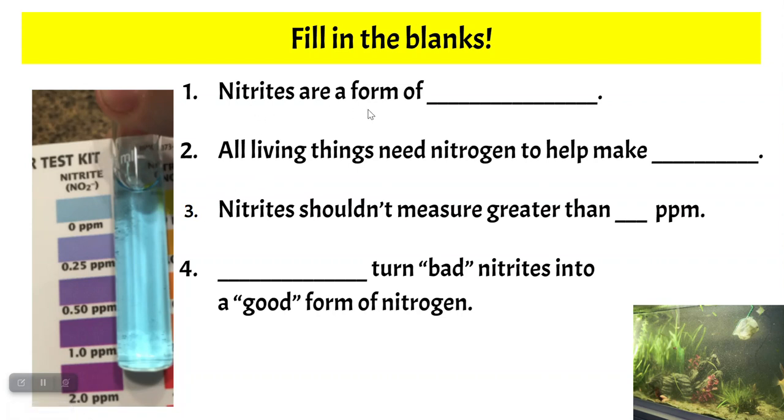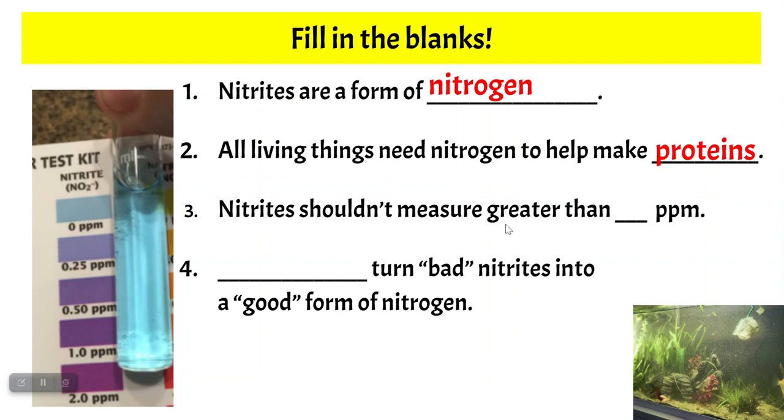So nitrites are bad for our organisms. They are a form of nitrogen. So not all forms of nitrogen are bad. It's just that nitrites are not good for our creatures. All living things do need nitrogen to help make proteins. They just need that nitrogen to be in a better form than nitrites.